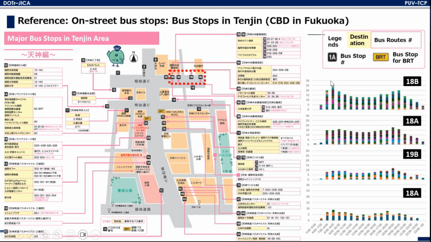Because of the capacity of the bus stop: one slot can be considered as 30 buses per hour per direction. The maximum value among these bus stops is 25, at 18B between 8 and 9 o'clock.